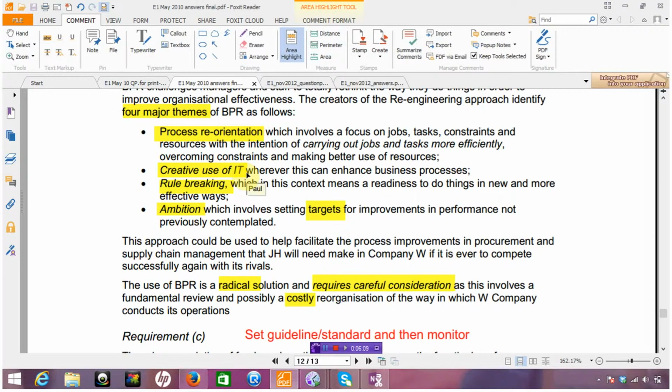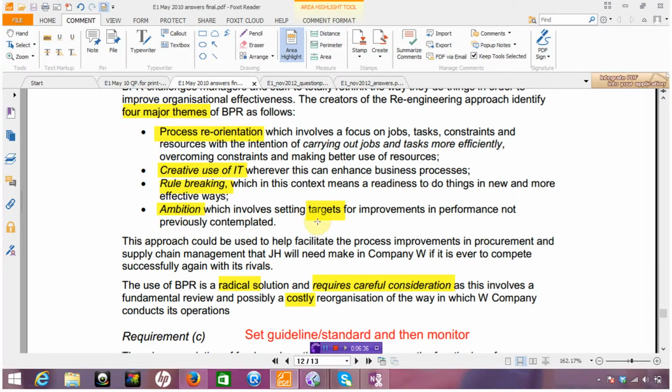As you would imagine, that's an important aspect of any radical change within the operation of the business, particularly ones that are linked to information. And these areas here, rule breaking and ambition, are good buzzwords that you could throw into an answer. Really what we're trying to do is think outside the box and think in newer and more effective ways, and a readiness to do so.